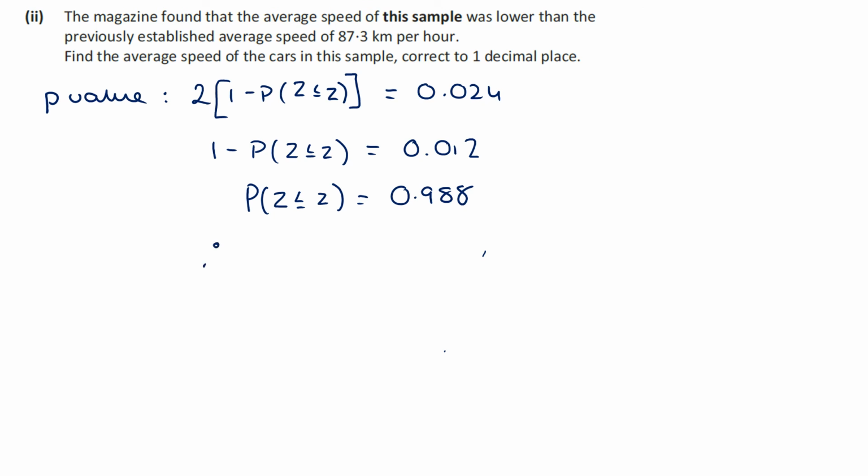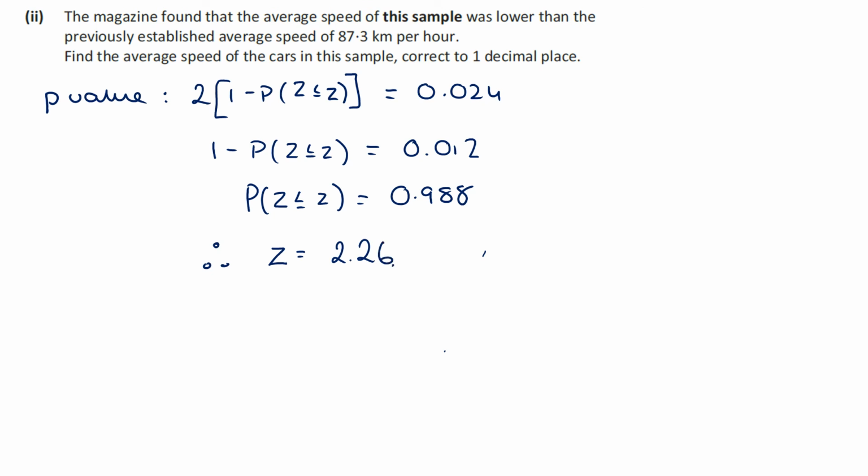Going to my tables, I can then figure out my z-score. 0.988, and we have 0.9881, so 2.26. Okay, so that is our 2.26.